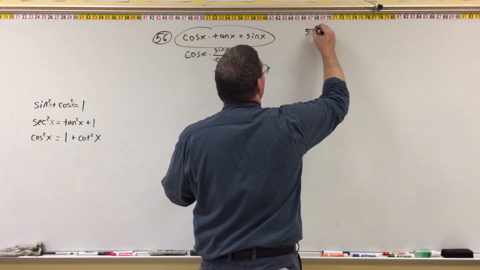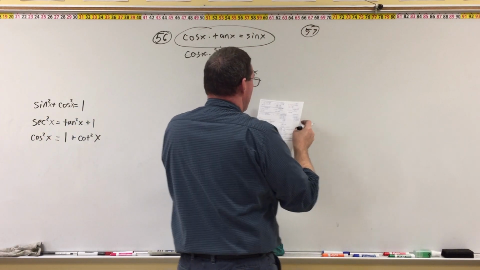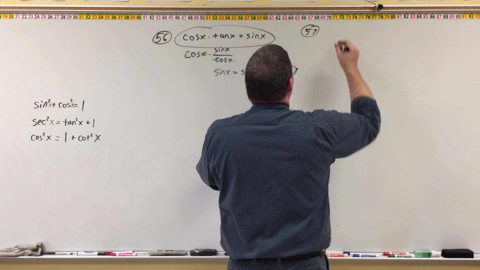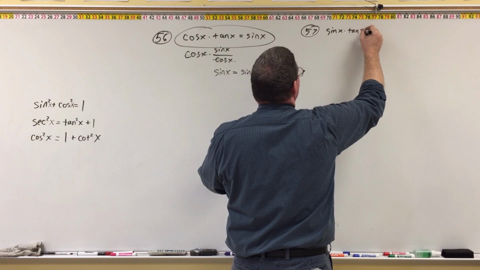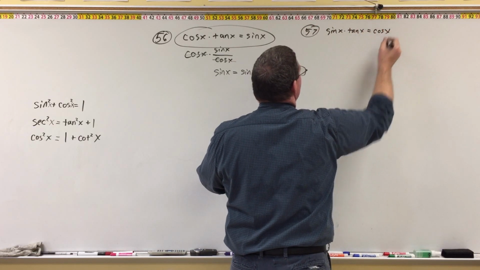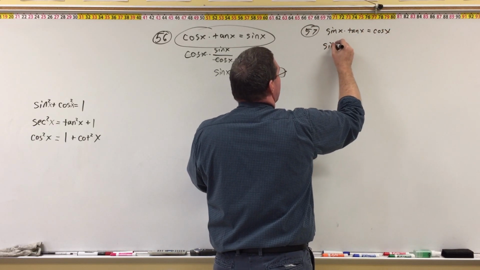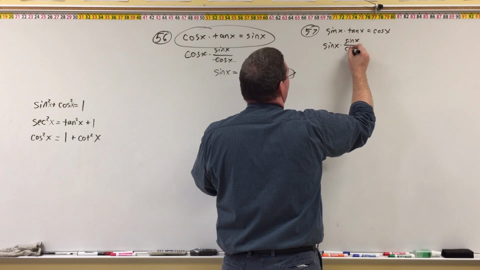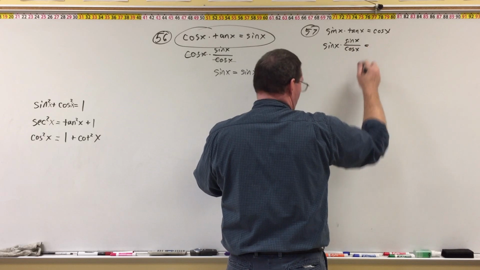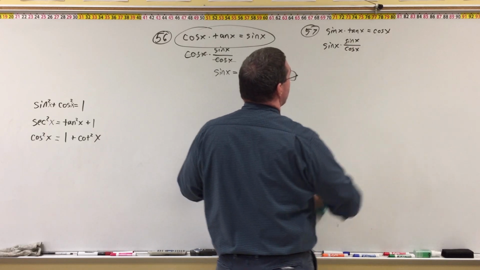57 over here, we've got sine tangent equals cosine. Sine of x times tangent of x is equal to cosine of x. We'll leave sine of x. We're going to convert tangent into sine of x over cosine of x. Okay, well, we're not changing the right side, so let's leave this.